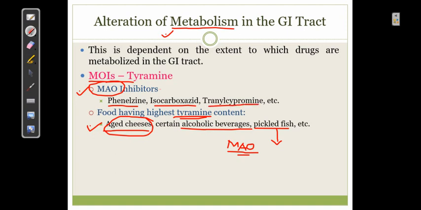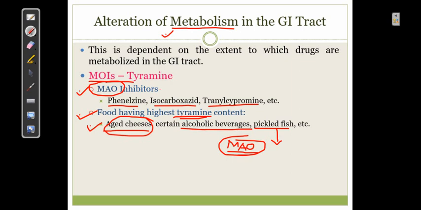Now, if you block this enzyme, and along with the MAO inhibitor you take a food which is rich in tyramine, like aged cheese, there is no enzyme in the body which could lead to detoxification or enzymatic degradation of this tyramine.